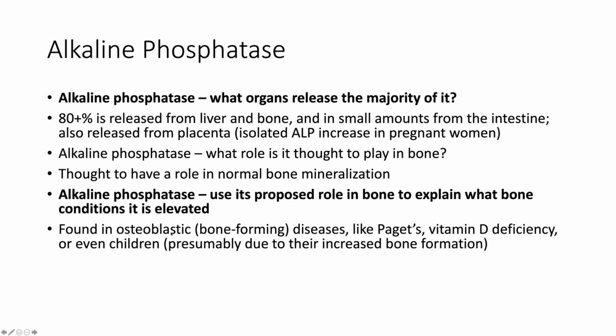But anytime that you are actively making bone or trying to make bone, not when you're losing bone density. You would not see an increase in alkaline phosphatase if you're losing bone. But if your body is making bone or trying to make bone, like in Paget's, you see an increase. In vitamin D deficiency, you're not necessarily seeing an increase in bone formation, but your body's trying to make more bone.